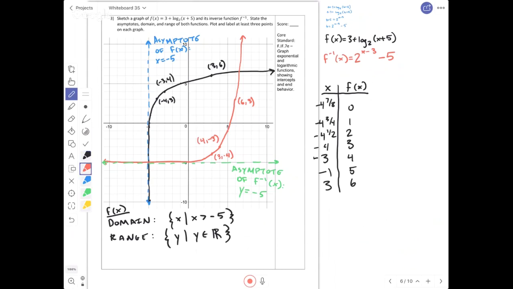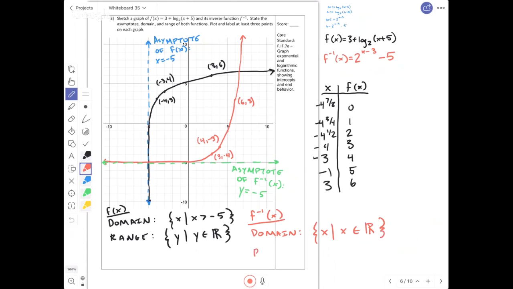And of course, in f inverse, those are switched. So for f inverse of x, the domain of an exponential is always real numbers. The set of values x such that x is an element of the reals.